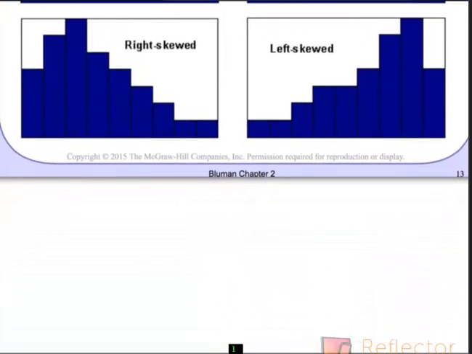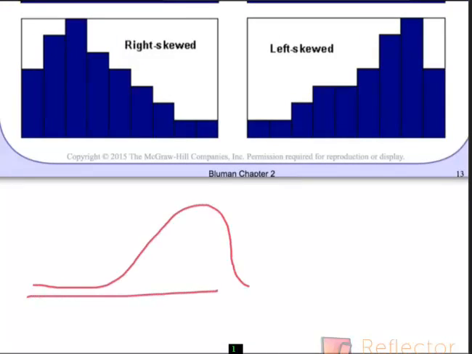So if I move that up and look at this picture, notice my tail is on the left hand side here. My hump is on the right hand side. If my tail is on the left hand side, this is left skewed.